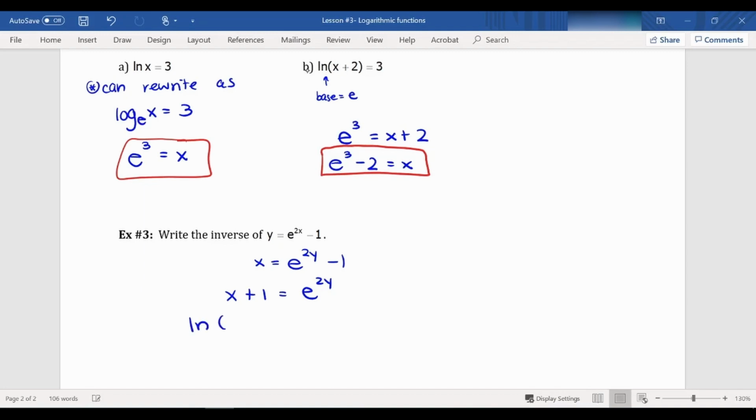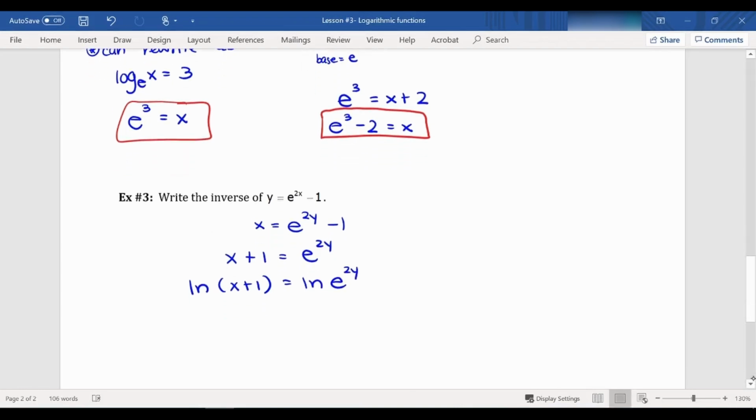So if I ln the left, I get ln of x plus 1. If I ln the right, I get ln of e to the 2y. I'm going to use my log laws to bring that exponent down in front. Many of you will do that in one step.